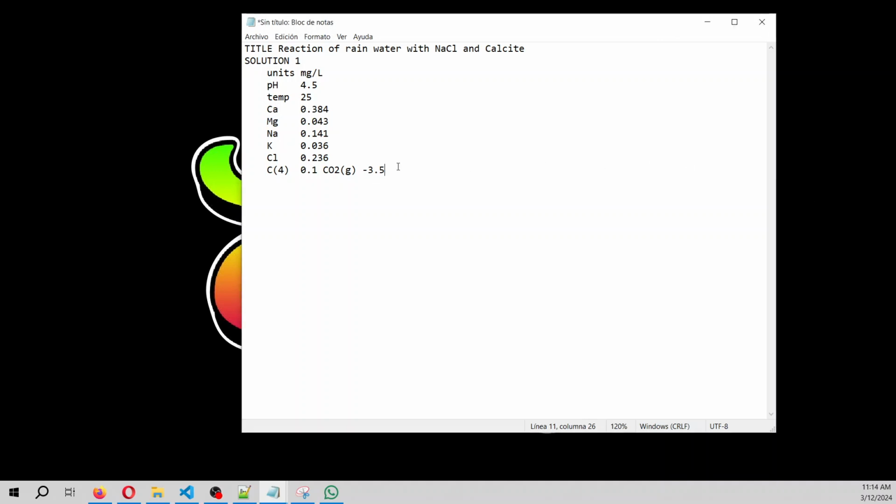You can see the Phreeqc documentation. We have sulfur 1.3. We have nitrogen -3, and nitrogen 5.